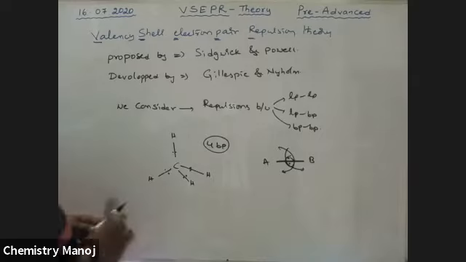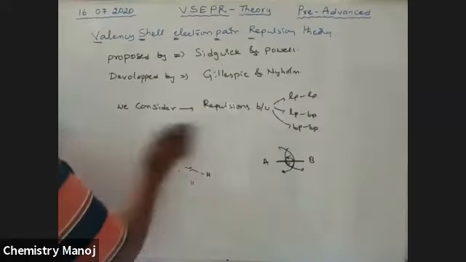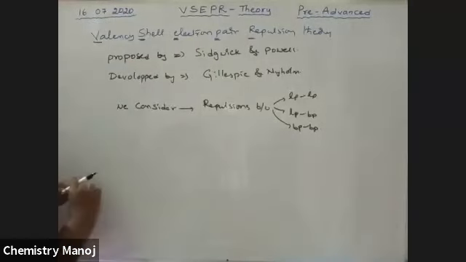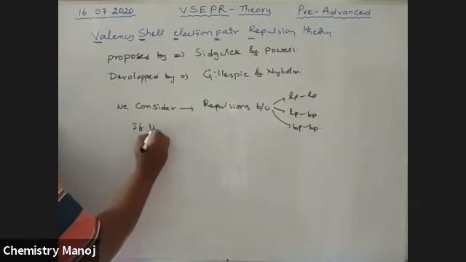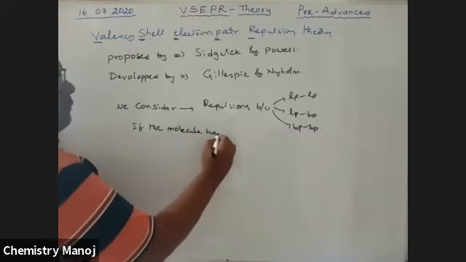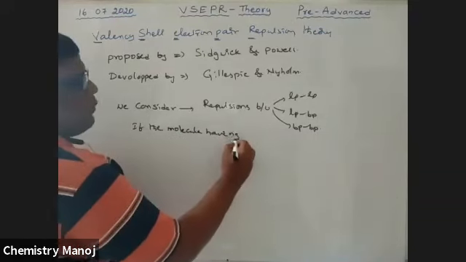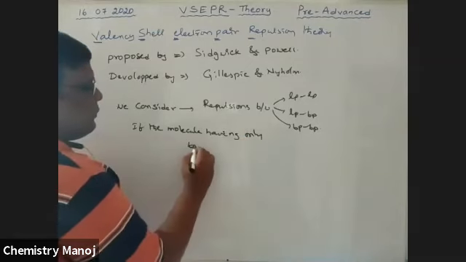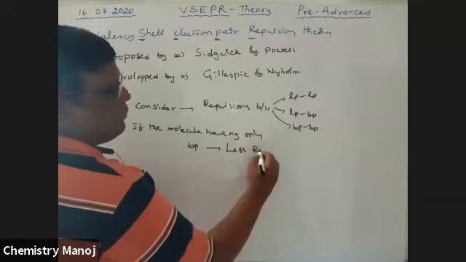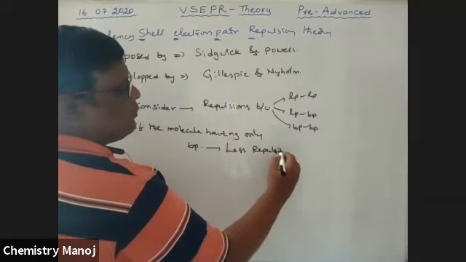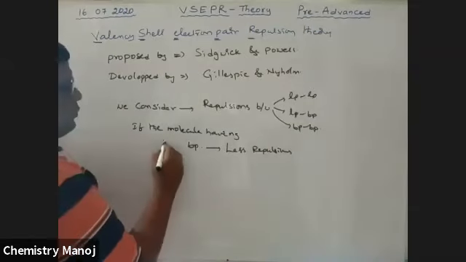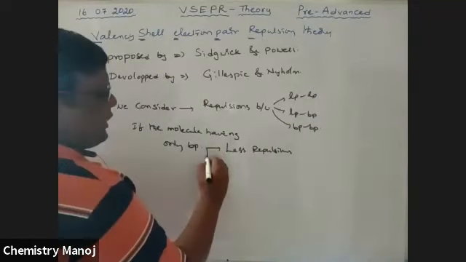So if the molecule has only bond pairs, fewer repulsions are there.